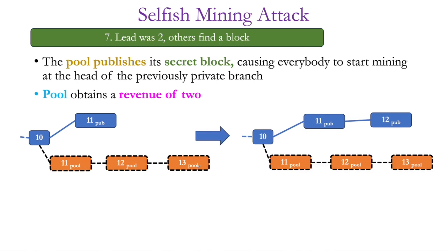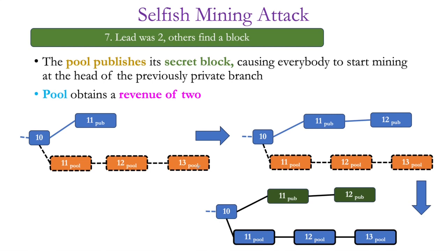When the second block is published by the honest users, and the pool also publishes the three blocks, the selfish miners get the revenue of two. So the pool obtains the revenue of two here. This is another case.